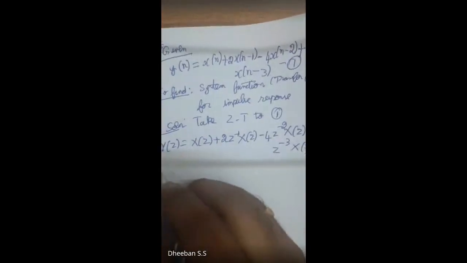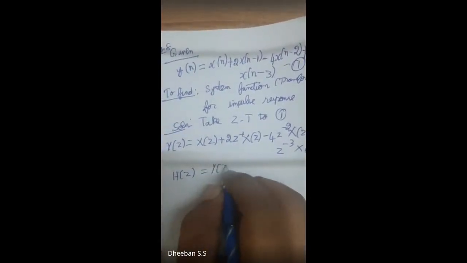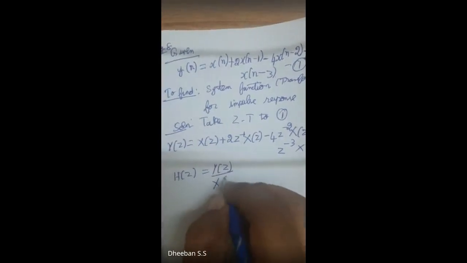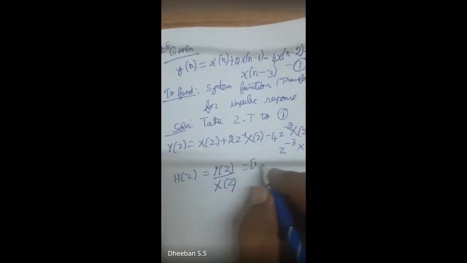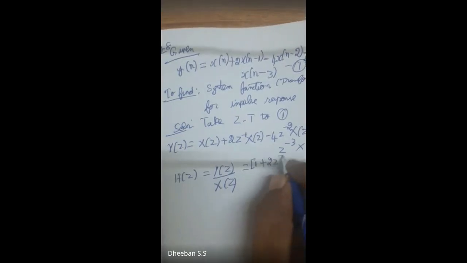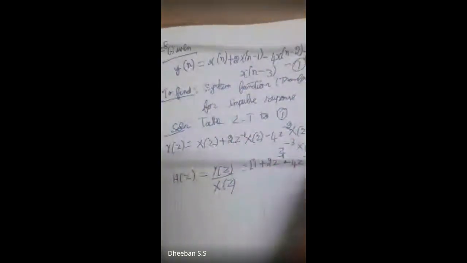So if you're grouping out, then h of z will be equal to y of z by x of z. Grouping out, we'll be getting like this: 1 plus 2 is z power minus 1, minus 4 is z power minus 2, plus 3 is z power minus 3.